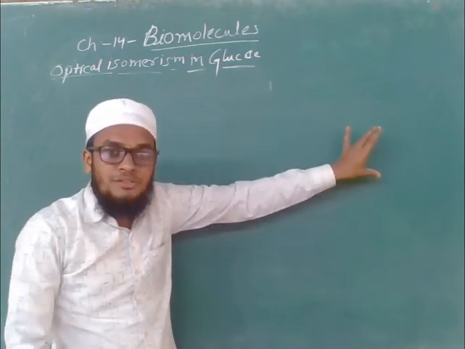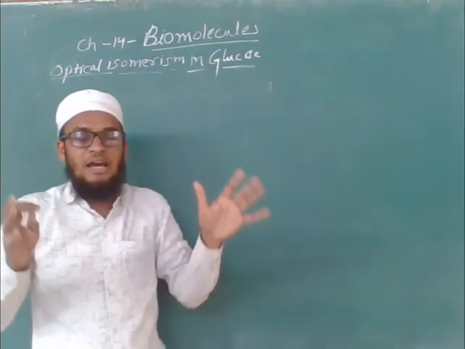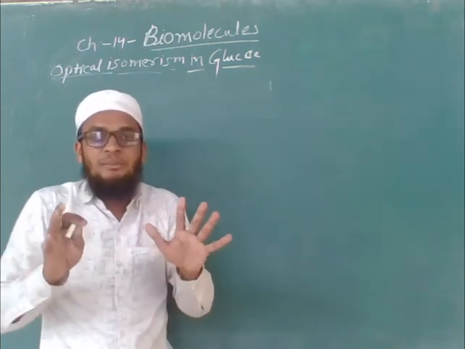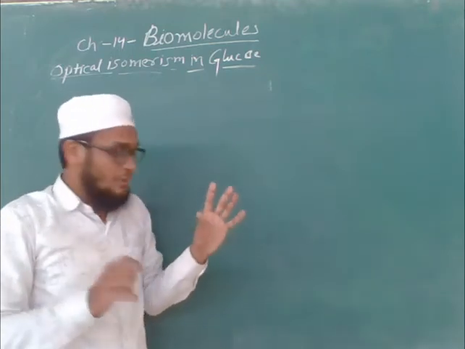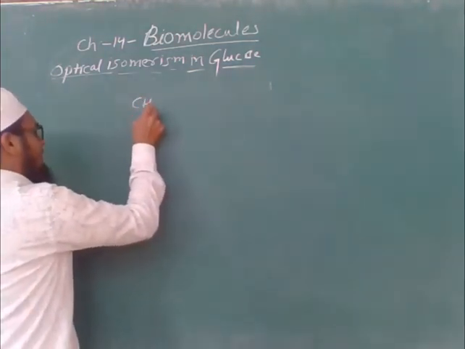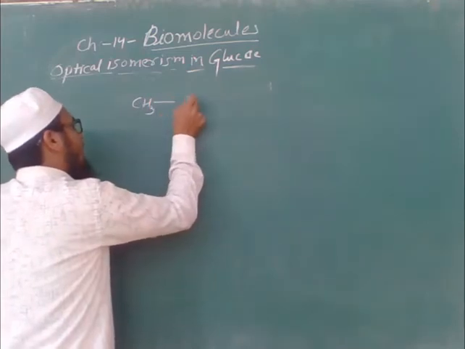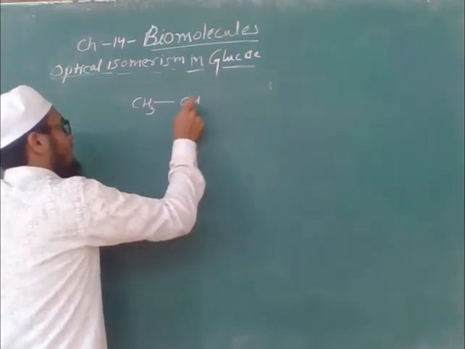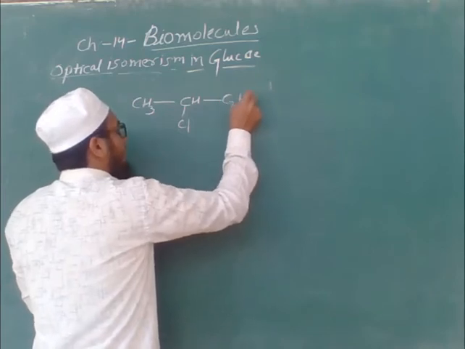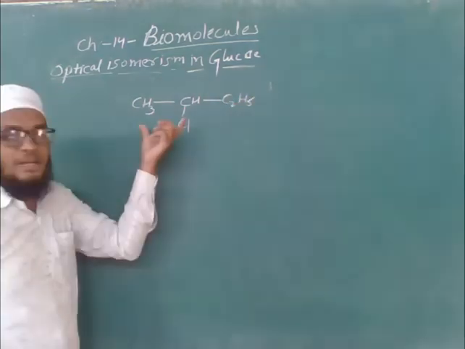So to know stereoisomerism, to know spatial arrangement, we should know its 3D structure, the structure of atoms in 3 dimensions. Suppose I have this molecule: CH3 single bond CH single bond Cl single bond C2H5. What's the name of this compound?